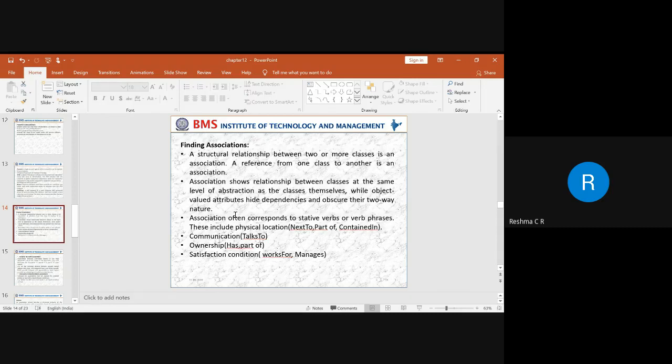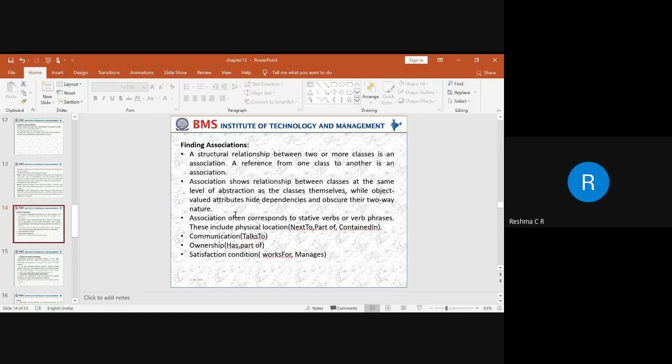Other than that, we need to provide a name for the association. The association name corresponds to static verbs or verb phrases. Here it depends upon different types of association. It can be classified as a physical location. When you are specifying it with respect to the physical location, you can say next to, part of, or containing.